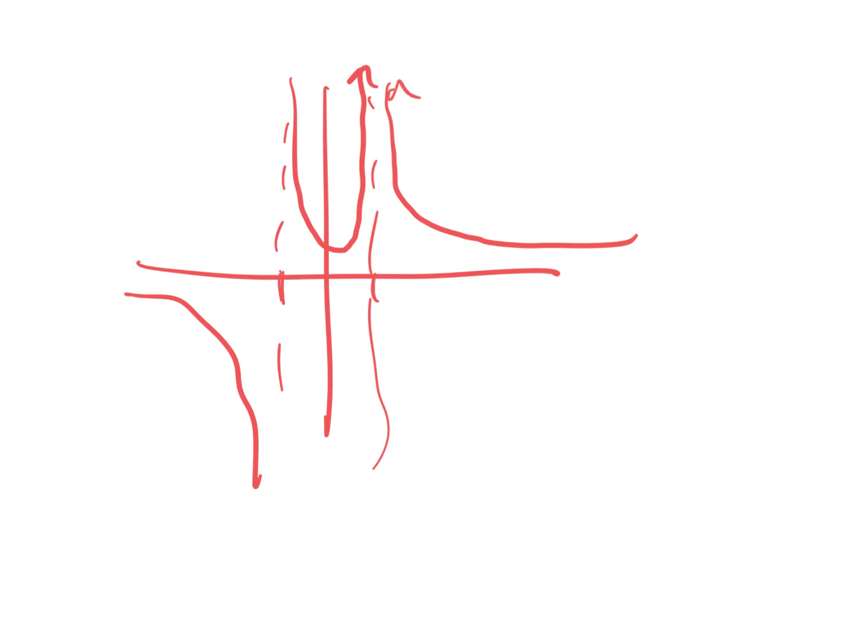Here's a rational function. What do you notice about the graph, the domain? Well, yeah, there's those vertical asymptotes there. This is actually acting like 1 over x squared. This is acting like 1 over x. And we could take it from there.